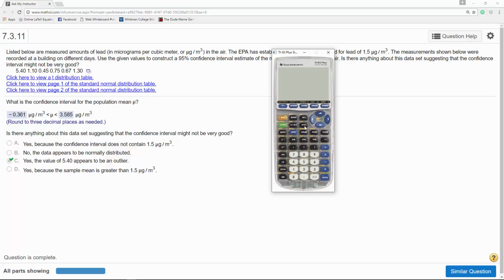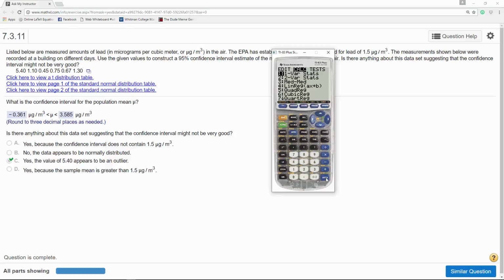And then you press the stat button. Sorry, I didn't mean to do that one. Okay, so I press stat. You move over to calc, and this is one variable statistics. If you remember, we did this back in the beginning of the class. It's been a while.